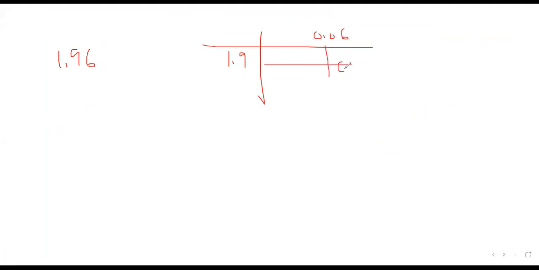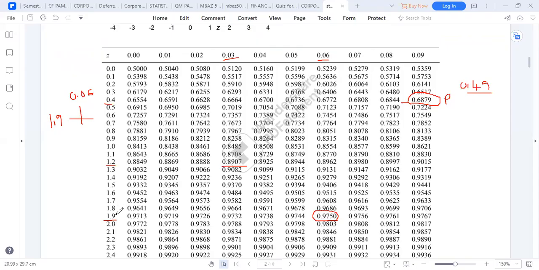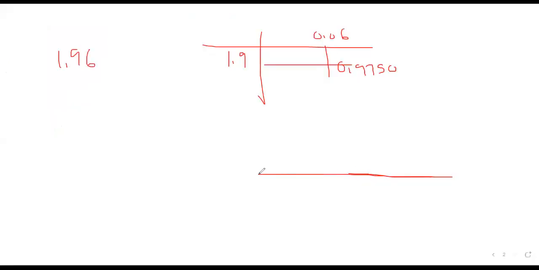So we say the reading here is 0.9750. So this was found when we went into the table here, 1.9 and 0.06.